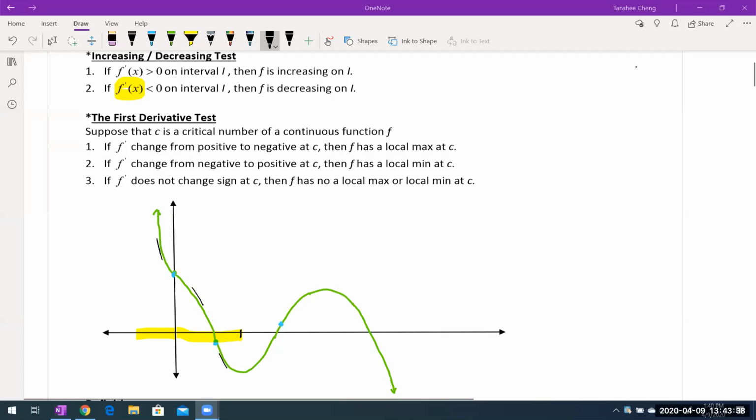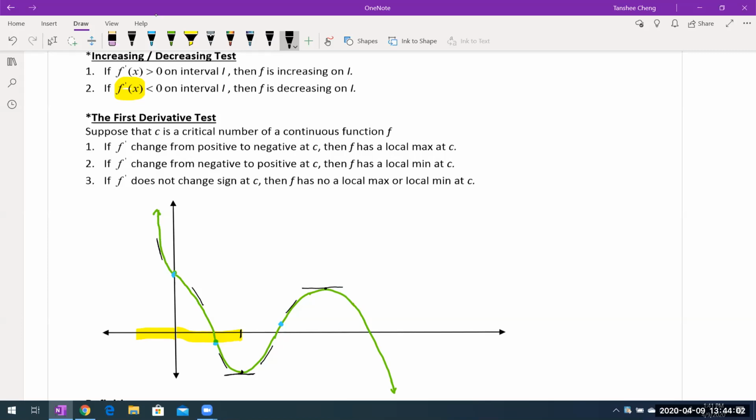And if you look at this portion right here, starting from here, you see that the slope of the tangent line is positive, up until this point right here, where the slope of the tangent line is horizontal, which is 0.